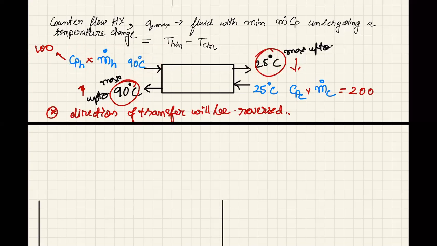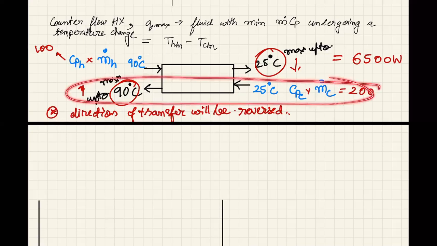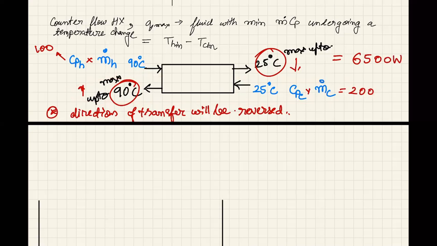Okay, so this will turn out to be 6500. Unit is say watts. And for this particular stream over here, how much maximum can we do? Its temperature can go maximum up to 90. Its MC times CPC value, meaning the mass flow rate and the Cp value, is 200.